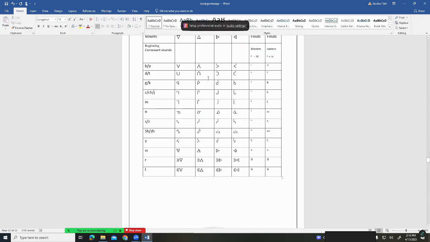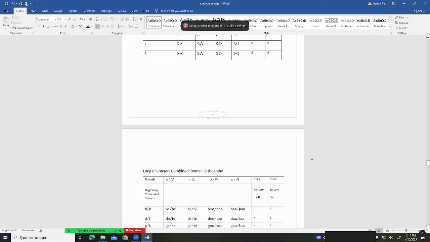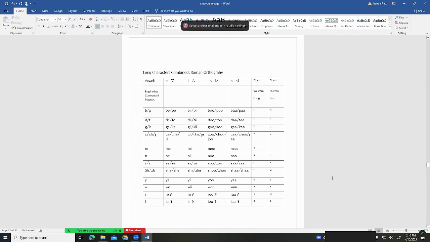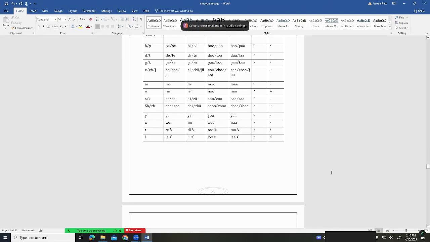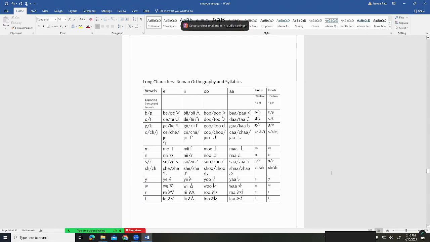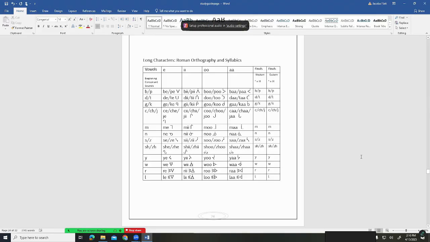The whole chart goes up to the Re and Le, and the long characters combine Roman orthography with syllabics.